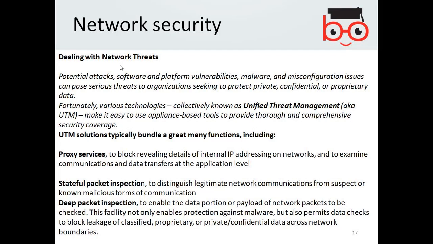So if any attack on software, platform vulnerability, any malware or any misconfiguration issue happens, then it is a threat to the organization, where someone is trying to get the protected, private and confidential data.